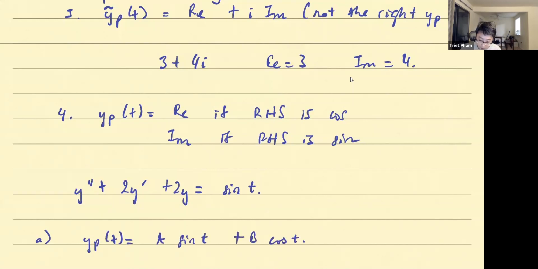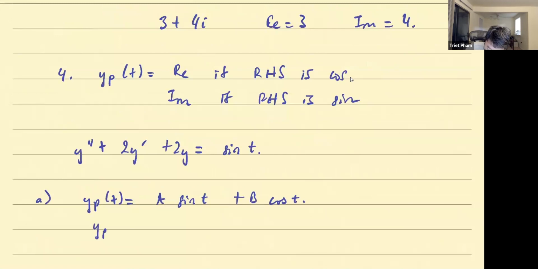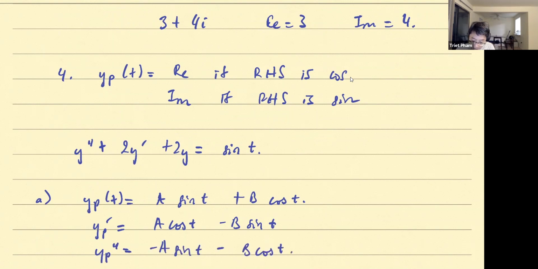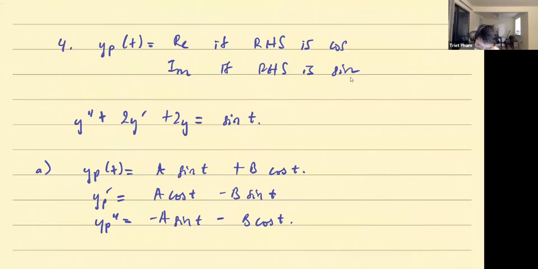So this will give you yp prime is minus a sine t plus b cosine t, and double prime is minus a cosine t minus b sine t. Okay, so you line it up. Twice this guy, and then twice this guy, so you add them up.